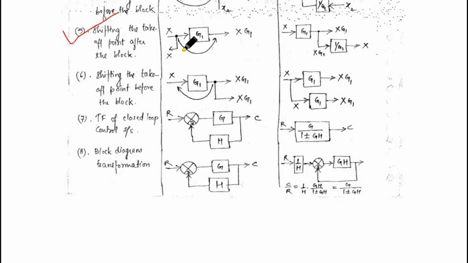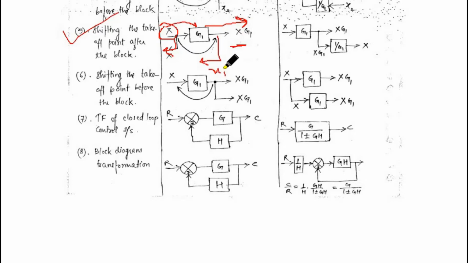So what you have to do: the output before shifting will be x, which is multiplied with G1, and the output remains x into G1, and you are just measuring this x1. If you are measuring from this point, it should be x1.